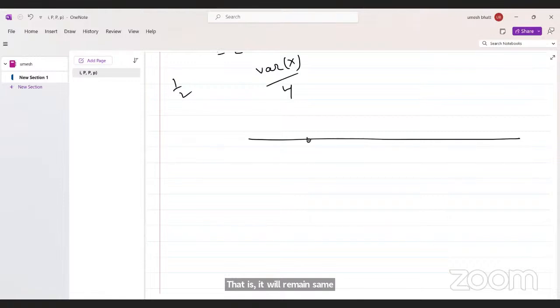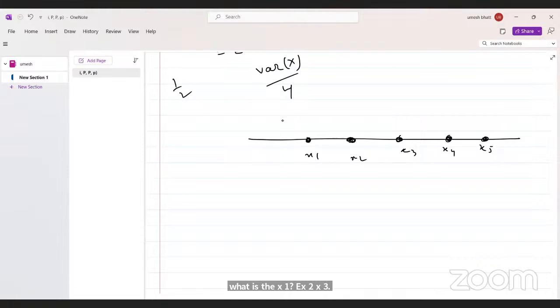Assume that firstly you have these values x1, x2, x3, x4, x5 which x takes.